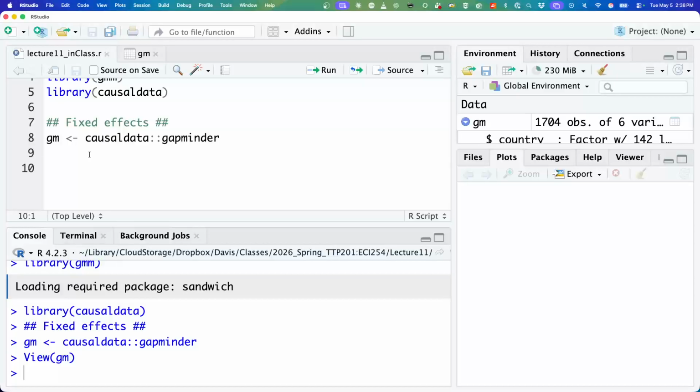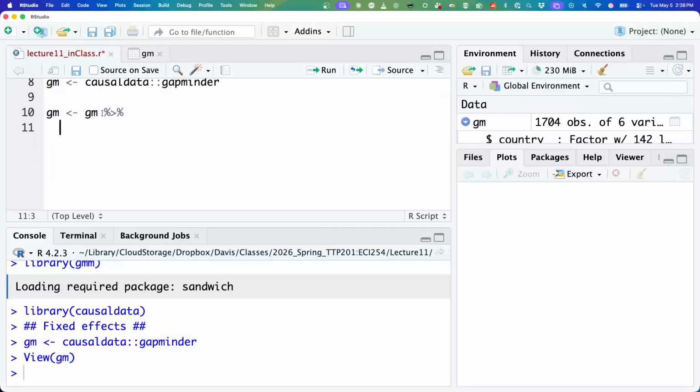Okay. So what we're going to do is manually do the demeaning. Okay, and so I'll show how we do this. And this is, again, using the dplyr package, which we haven't talked about before. So I'm going to put in extra notes so that we understand what's happening in each step.